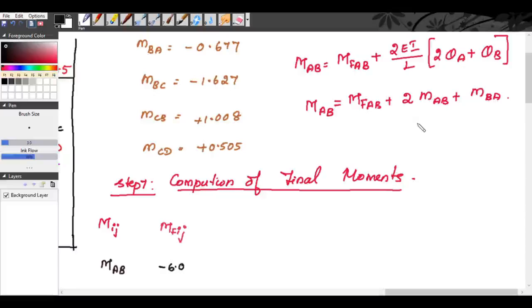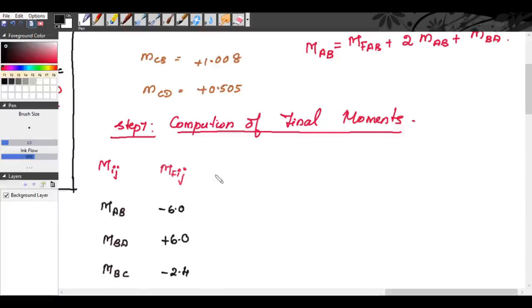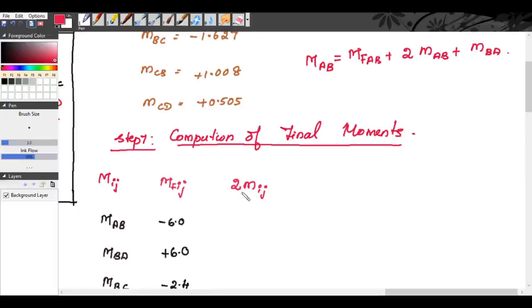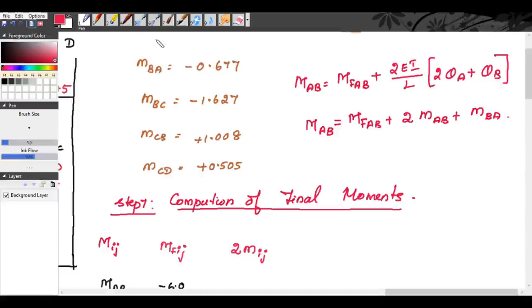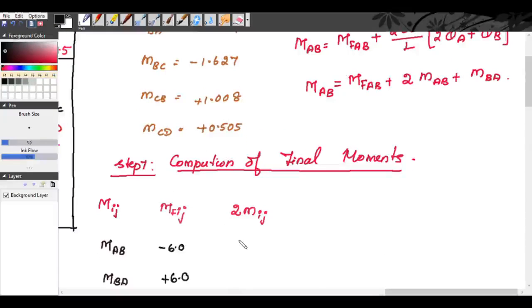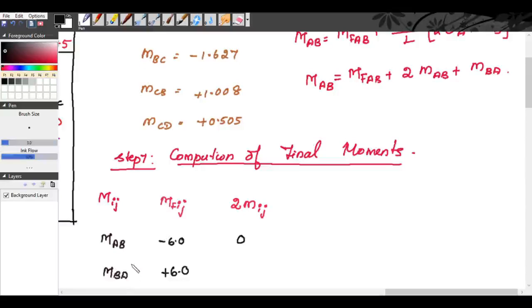Now 2 times MIJ. So 2 times MAB. We don't have MAB, so that is equal to 0. 2 times MBA.